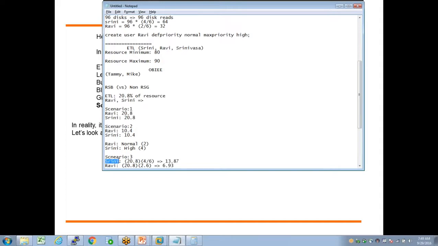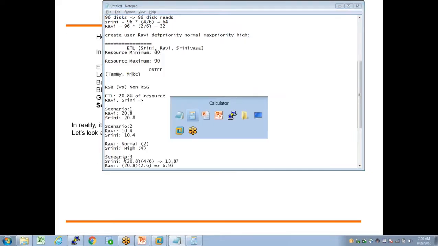So if Srini is a high priority user and Ravi is a normal user, when there is a conflict, they share like this. For every 14 resources you get, I'll get almost 7 resources. Now where do you define this?